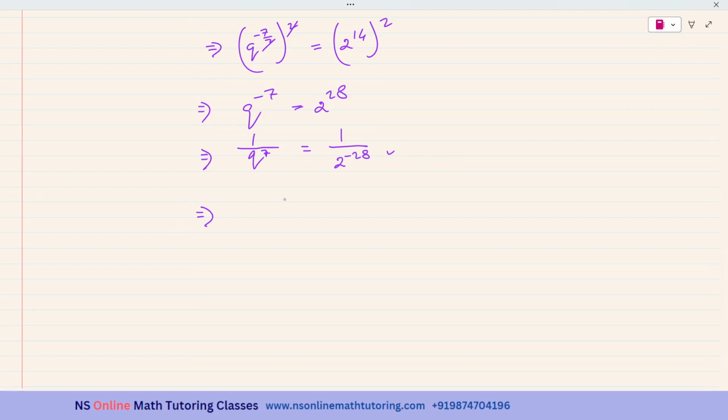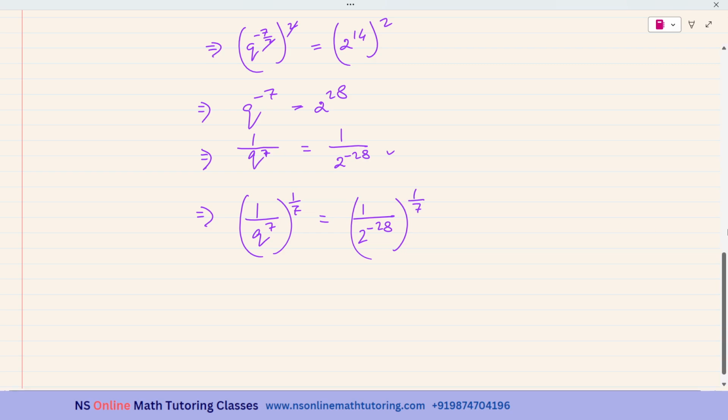And now I will be taking the 7th root of both the sides, because I have to come to q. Q has been raised to the power of 7. So I am taking the 7th root. So it is raising this whole thing to the power of 1 over 7. And I have to do the same thing to this side also.